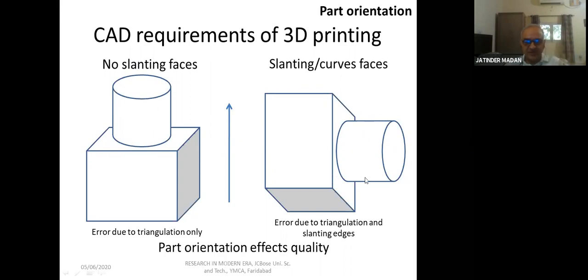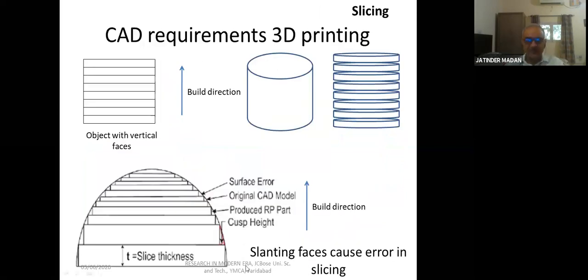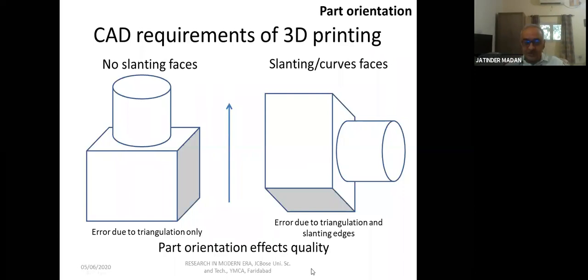The moment you keep it like this, it is okay for the cuboid, but for this curved part, you can very well imagine that the slices will give you some error, right? Like I showed you previously in the slide. If you keep it vertical, this is okay, and when you keep it curved, you are getting some error. So the same thing happens. Error due to triangulation will come anyway, but you will have slanting edges error, because you are keeping it in some other orientation. So part orientation also affects quality.